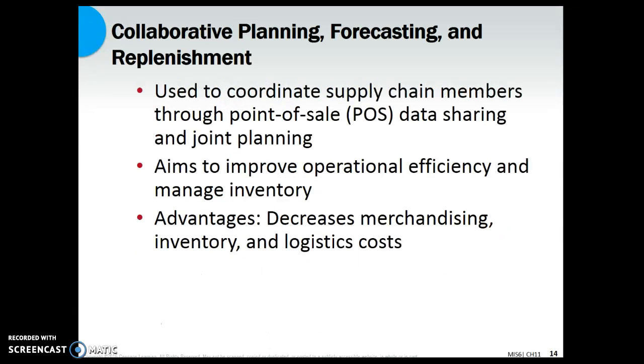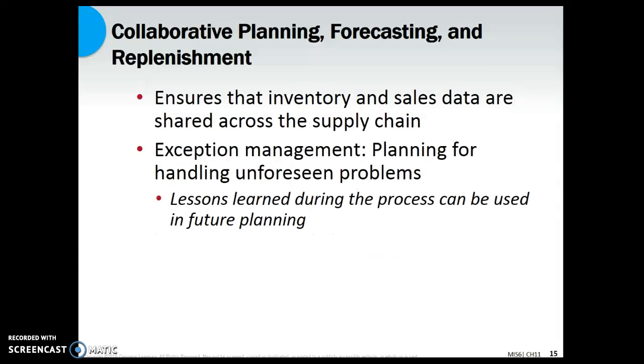There's collaborative planning, forecasting, and replenishment that's used to coordinate the supply chain members through point of sale, data sharing, and joint planning. It improves operational efficiency, but there can be disadvantages as well.